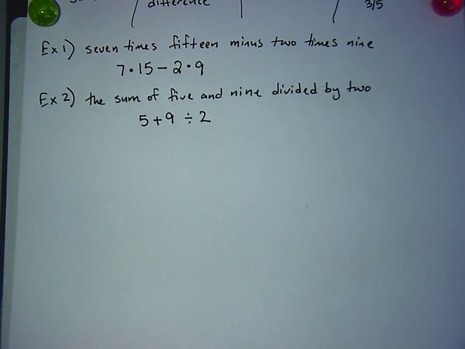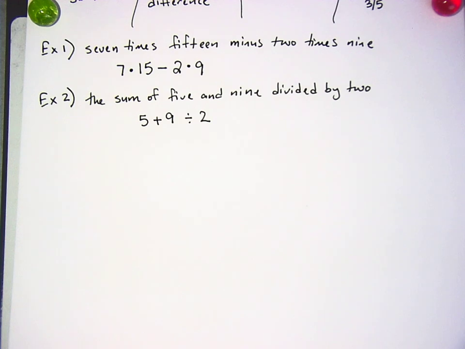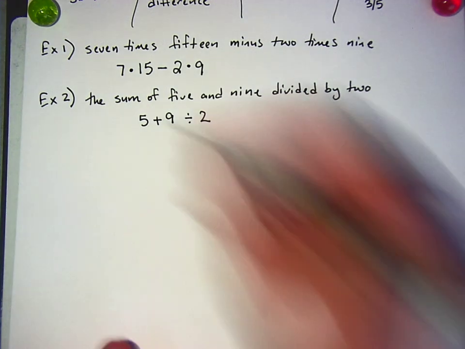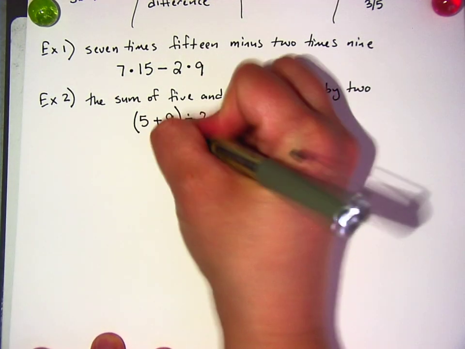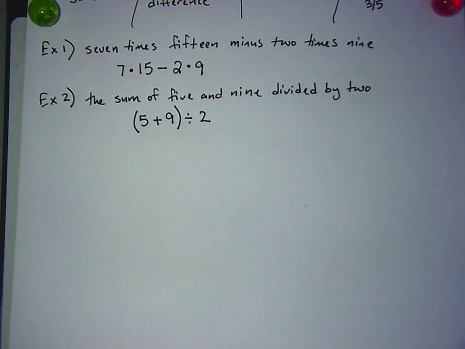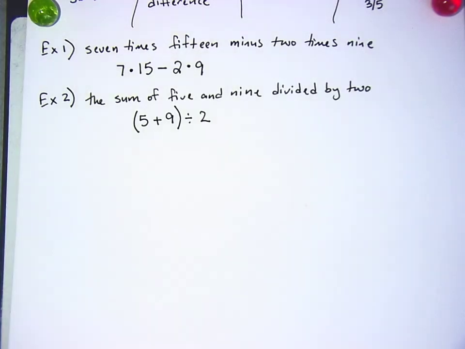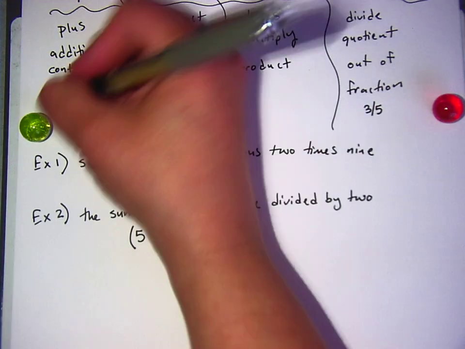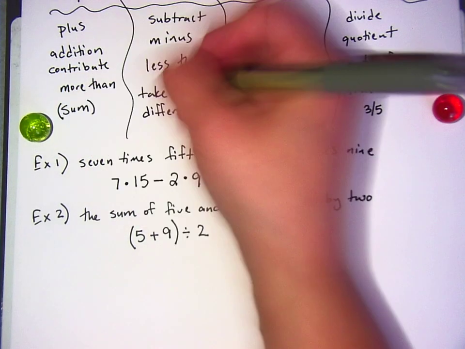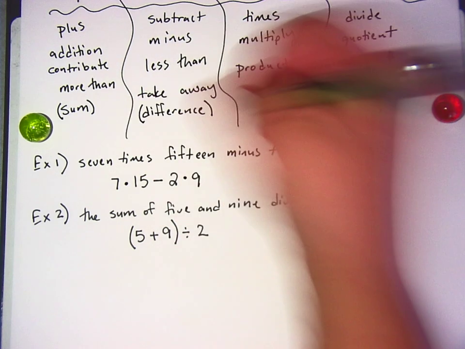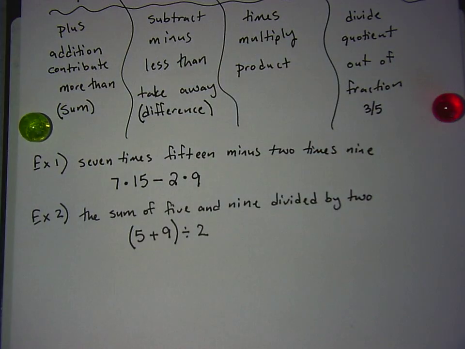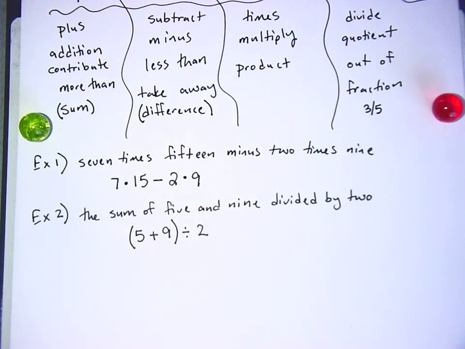But that is not the answer to this problem. There's something that I messed up. Does anybody happen to know? It's the answer divided by 2, not the equation divided by 2. Right. So I need to put parentheses around the 5 plus 9, because that implies that I do that first. In fact, go back up to that chart. The word sum, put it in parentheses, and the word difference. If you ever see the word sum or difference in your homework, those are going to need parentheses around them.